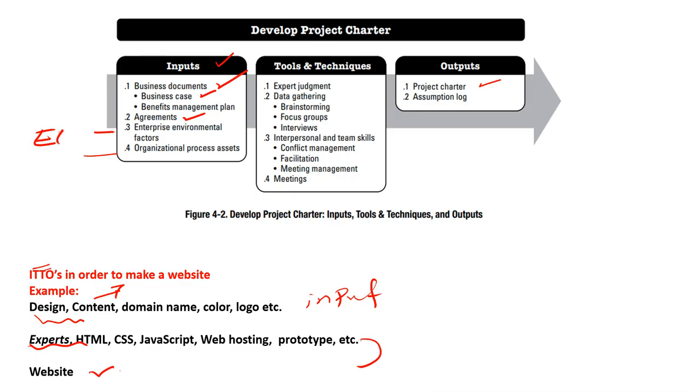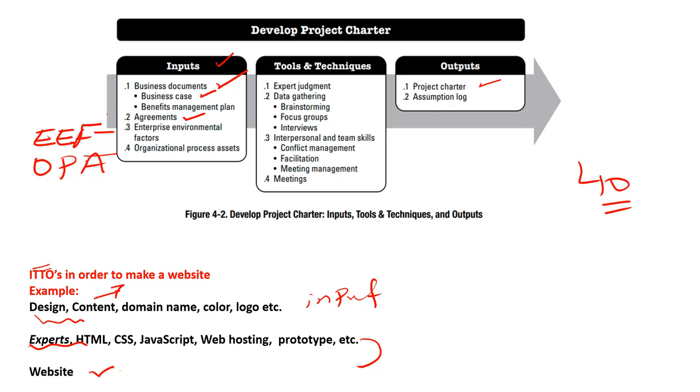Why are we discussing these two in this lesson? Because, as I told you, there are 40 processes, and enterprise environmental factors and OPA are inputs of almost all the processes.